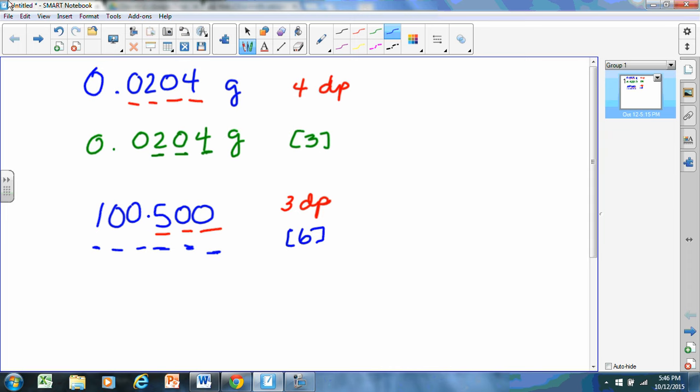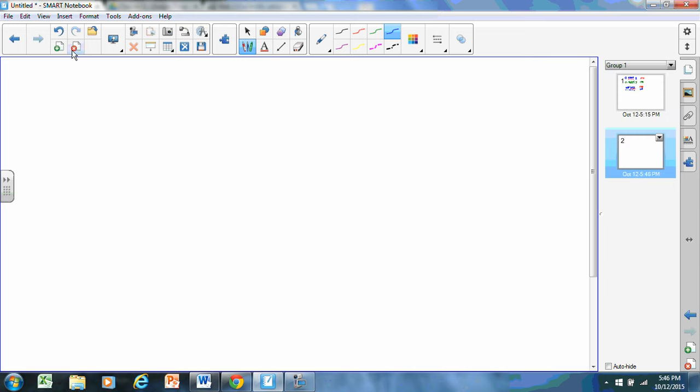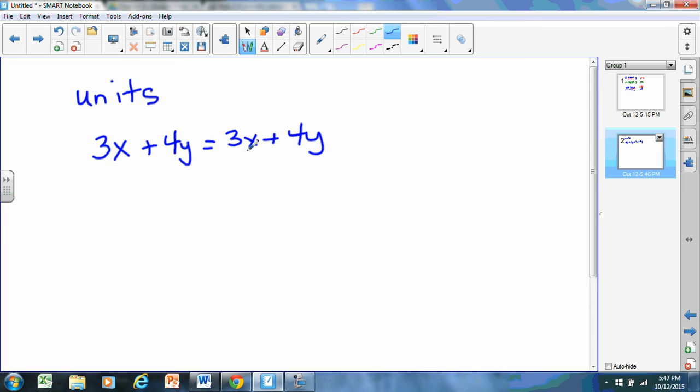All right, new slide. Okay, so then the next thing we need to talk about is units. And I just want to equate this to ninth grade algebra. So in your math class, if I asked you to add 3x plus 4y, you would tell me the answer is 3x plus 4y because you can't add numbers if they don't have like terms.